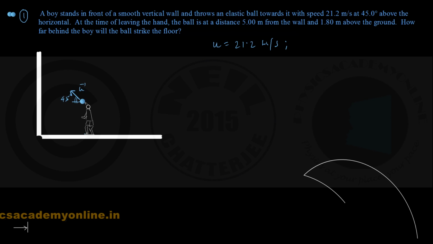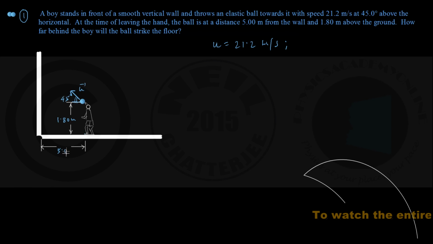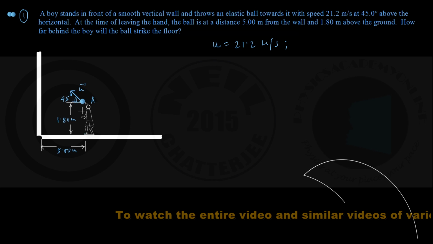It is further given that the ball at the point of projection is at a height of 1.80 meters above the ground and at a horizontal distance of 5.00 meters from the wall. Let me take this point to be the point A, that is the point of projection of the ball from the hand of the boy.